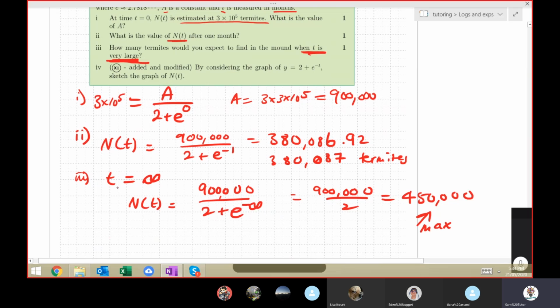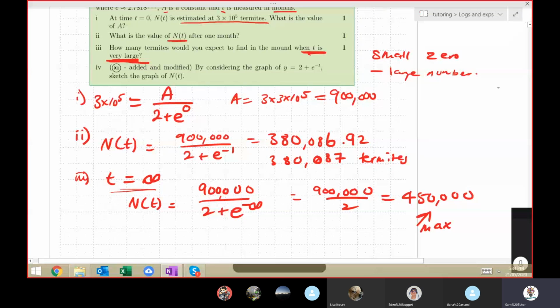And that's how that infinity works. When t is approaching infinity, or if t is very large, it always means infinity. If we say small, small means 0. Small does not mean negative infinity. If you want negative infinity, you would probably say large negative numbers or something like that.